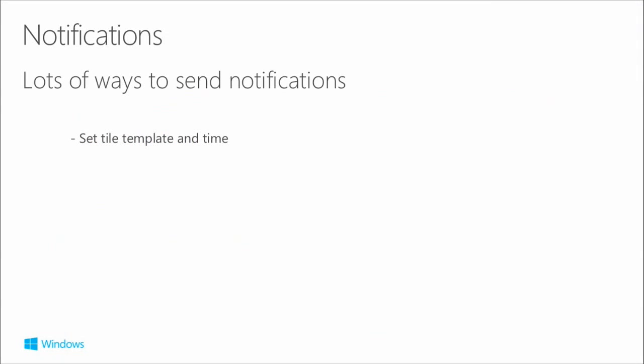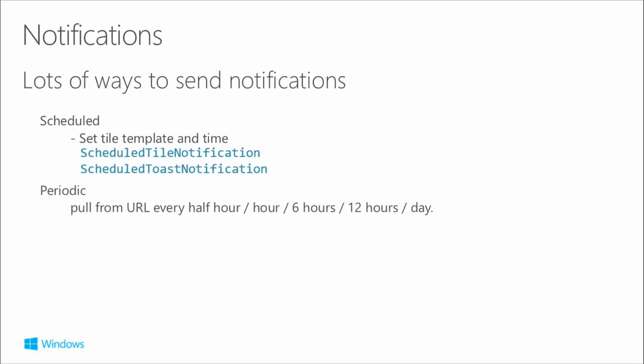So there's lots of ways to send tile notifications. You can set a scheduled notification for tile or for toast, and just basically say, okay, at this time I want you to update the tile. At this time I want you to update the toast. You can update notifications periodically, and this is usually for a tile.